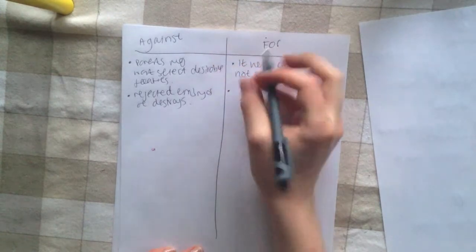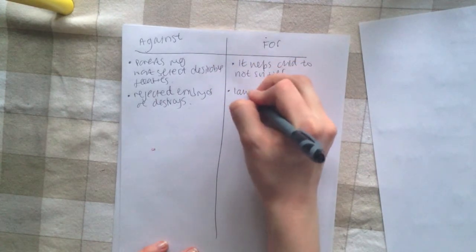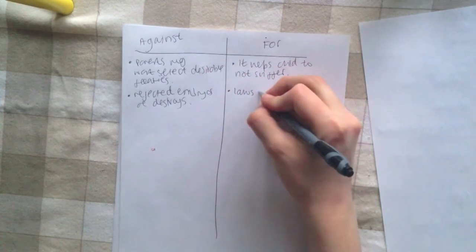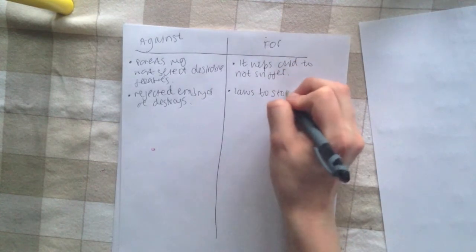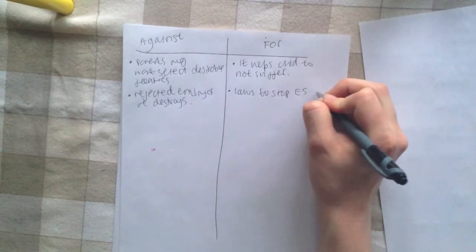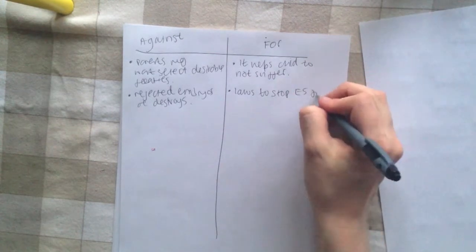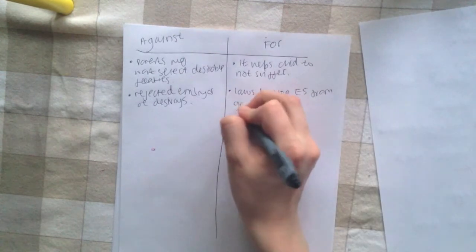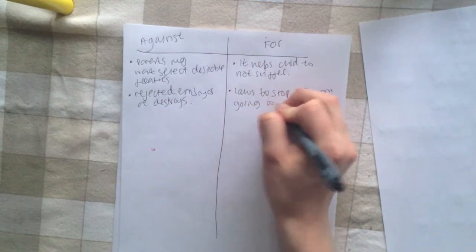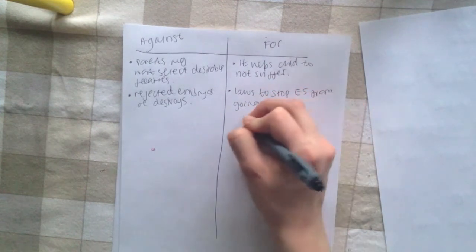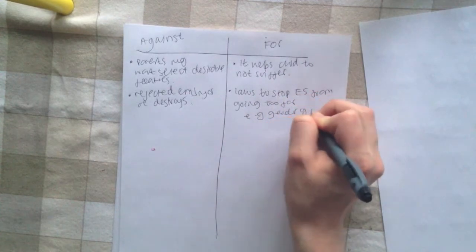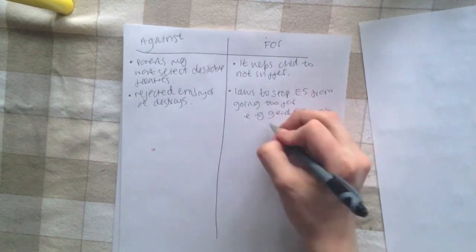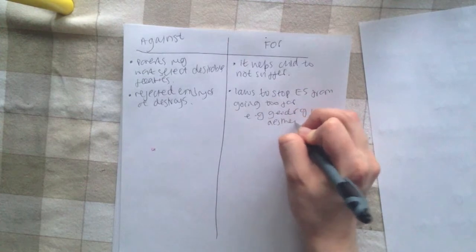Another one for against is there are laws that have been put in place to stop embryo screening from going too far, e.g., like we said, choosing the gender of baby or aesthetic characteristics.